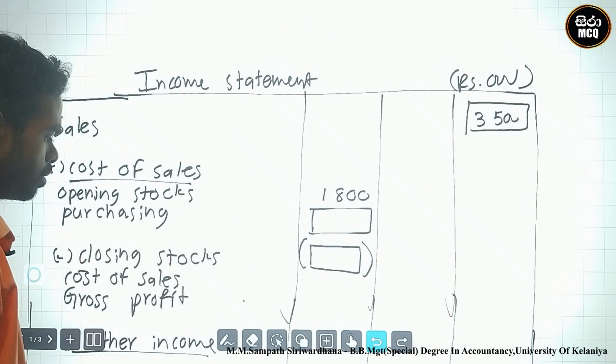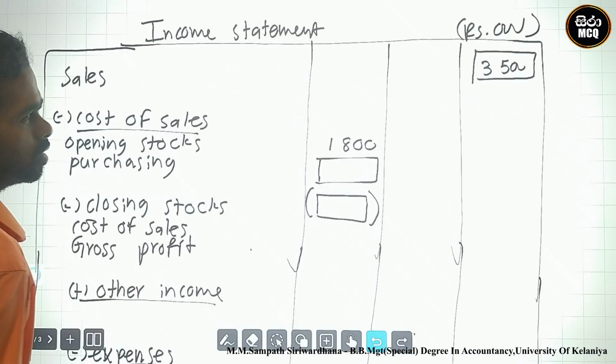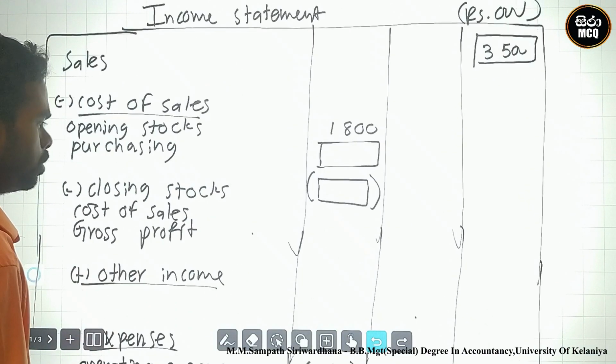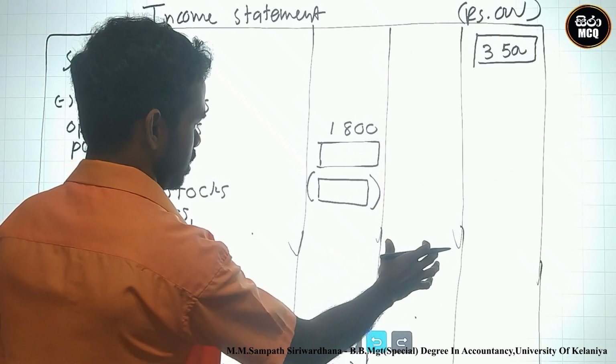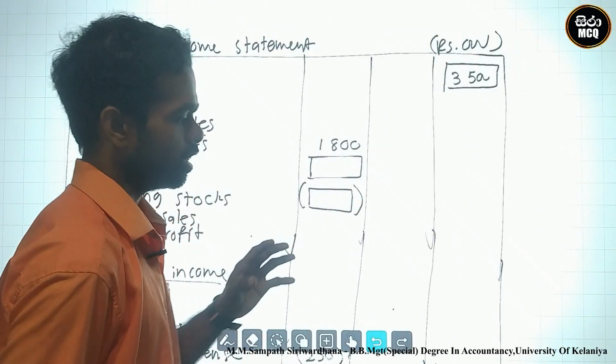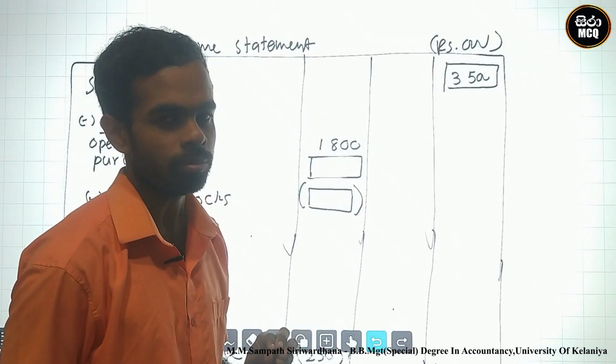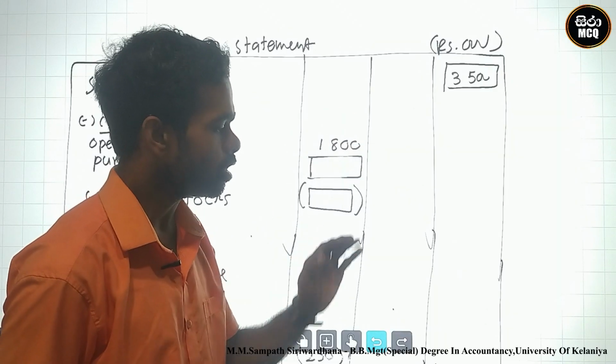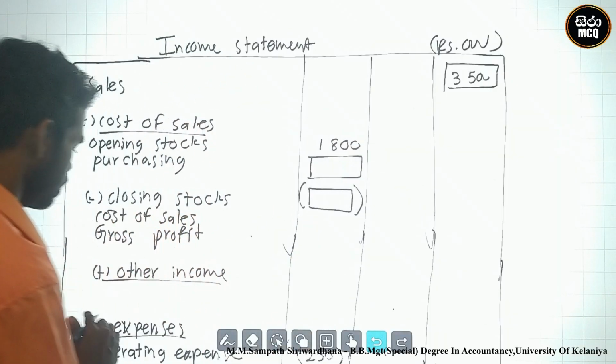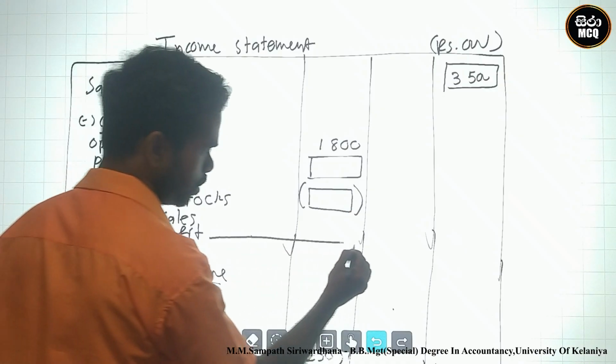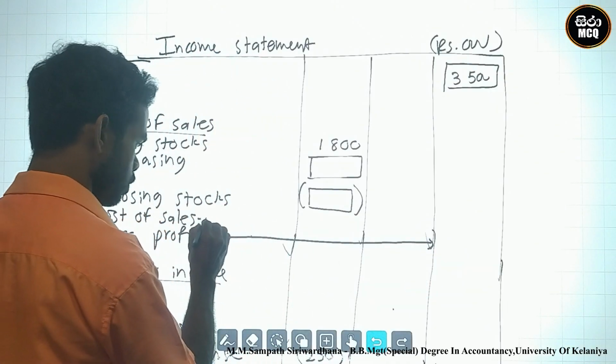Based on that we can find the cost of sales. How can we find it? You know, there is a ratio related to sales, cost of sales and gross profit. This is the gross profit, this is the cost of sales.